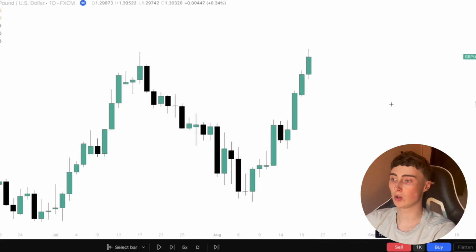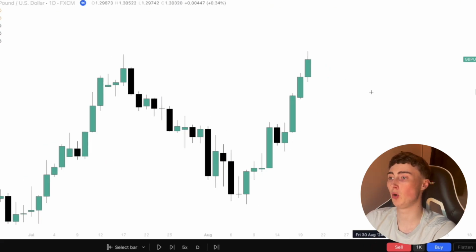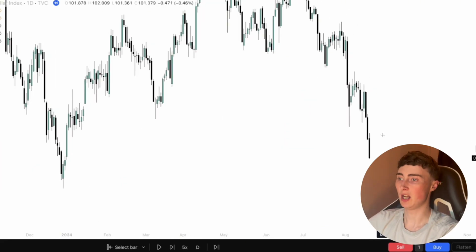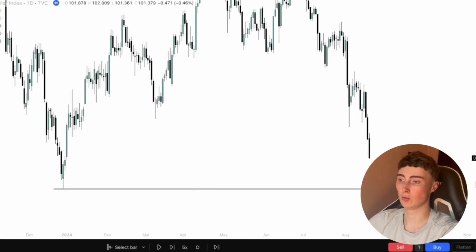And once again, we want to go on the daily and identify, are we bullish or are we bearish? So we know if we're targeting previous day's high or if we're targeting previous day's low. So as you can see, price is printing consecutive bullish candles on the daily chart. On DXY, you can see that price is running aggressively to the downside towards this old low down here, which would be considered external range liquidity.